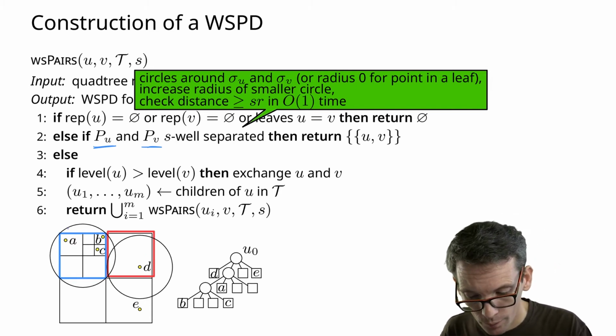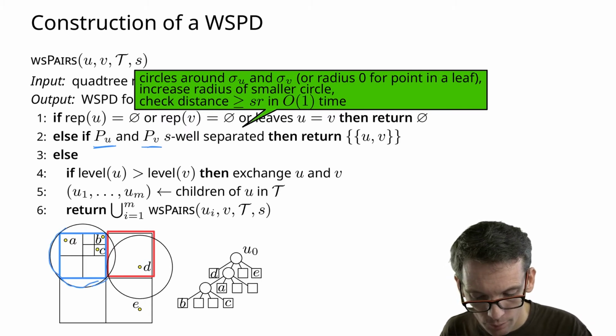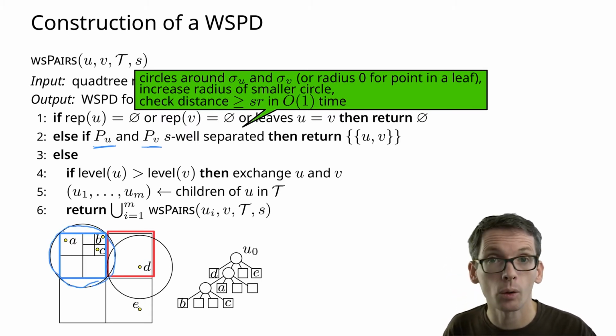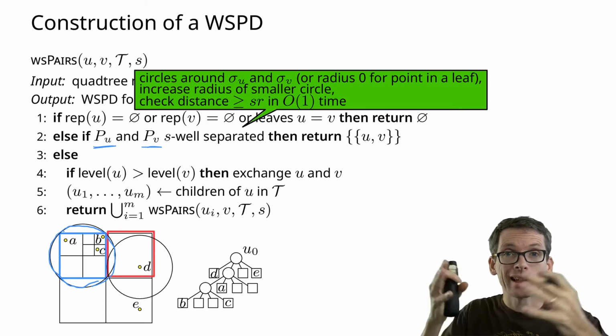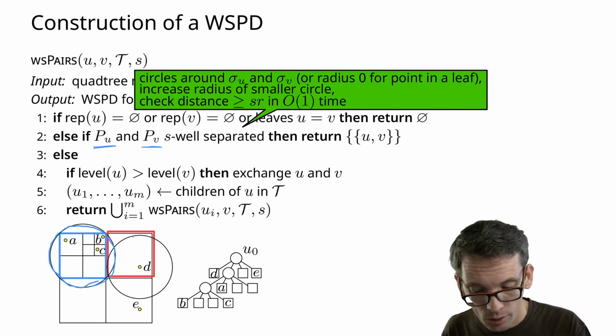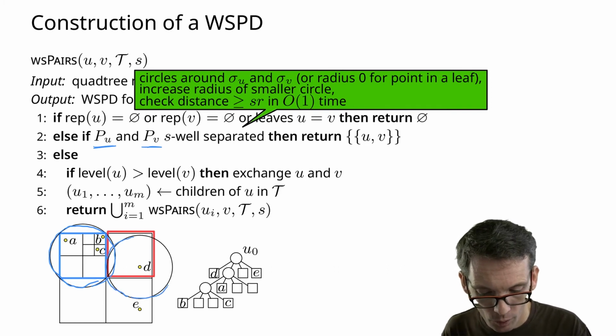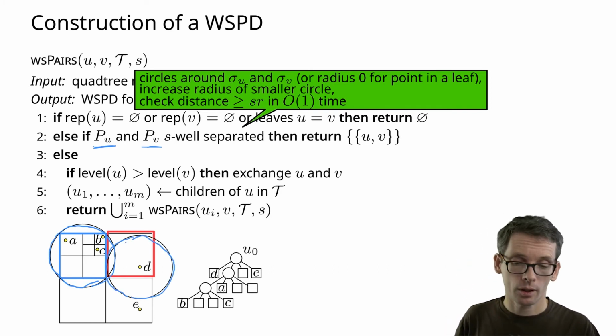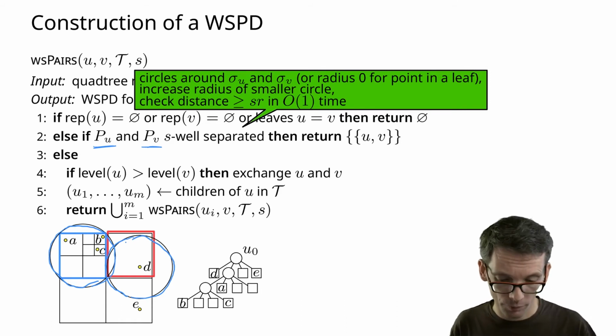So here, this is the disk that I get if I simply cover the whole square. So I'm ignoring that I could actually make it smaller if I just want to cover the points. And I need to take the same radius for the other point set, and I just place it on top of it like this.